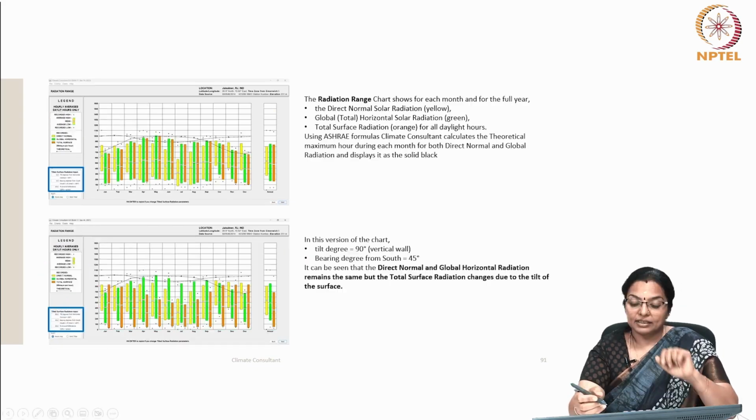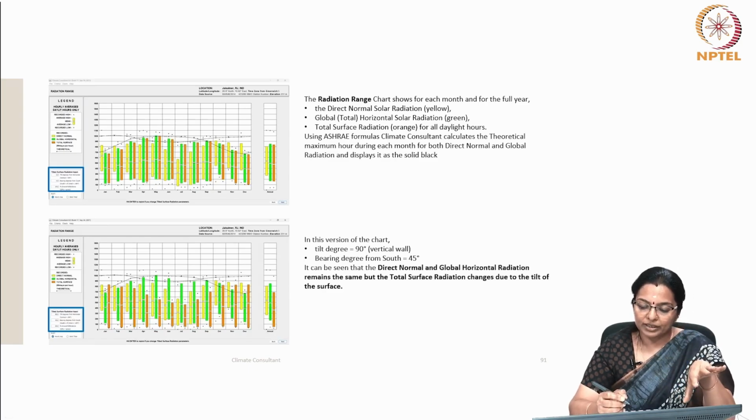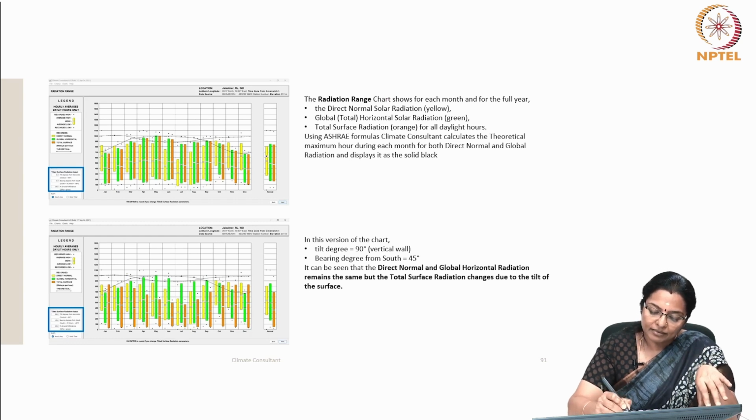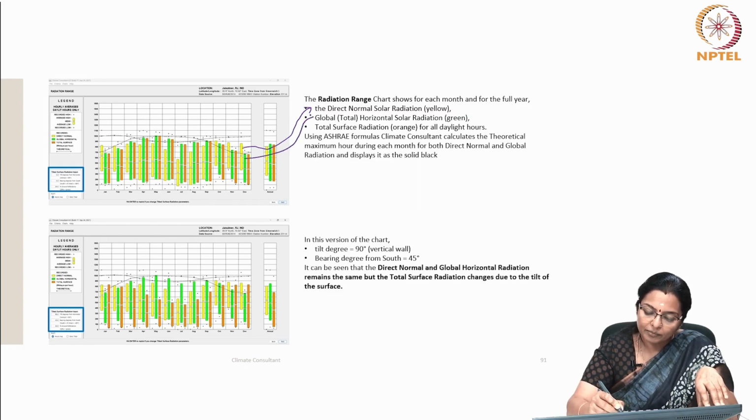Then comes the radiation range. This chart shows for each month and for the whole year, the yellow color is the direct normal solar radiation, whereas the global or total horizontal solar radiation is in green, and then the total surface radiation is in orange.